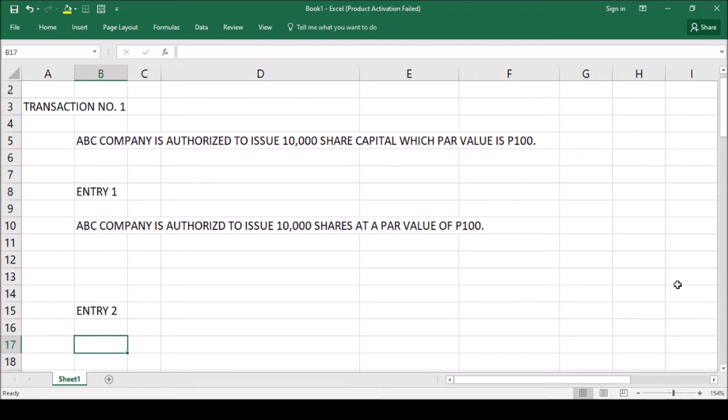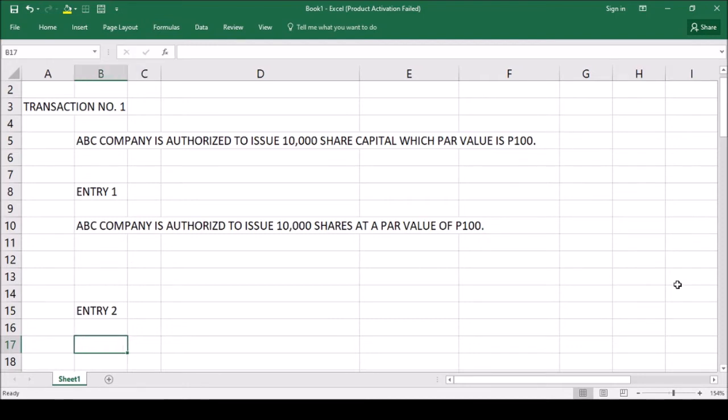The entry for the subscription is very simple. We need to debit a subscription receivable account, and then we credit the subscribed share capital. Question: magkano yung value? Well, we need to compute 25% of the authorized shares, then multiply it at par.